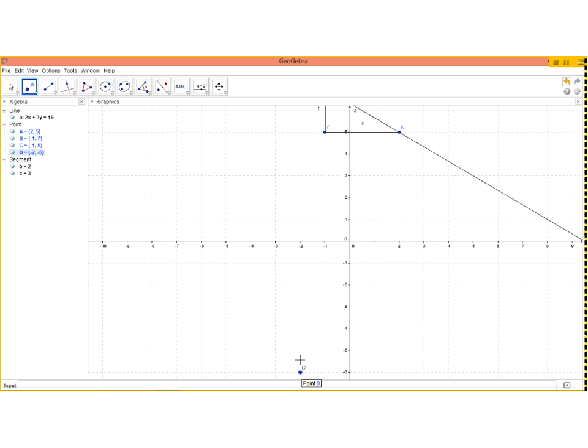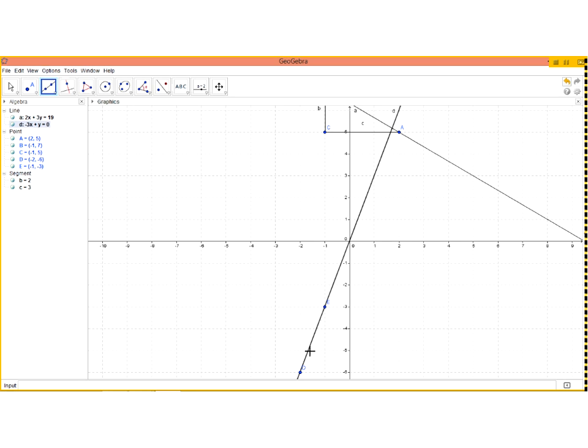Okay, and now I'm going to count out the slope. The slope is 3, and we can think of the slope as 3 over 1. So I'm going to go up 3, that's my rise, and over 1. The slope's positive, so I should go uphill.